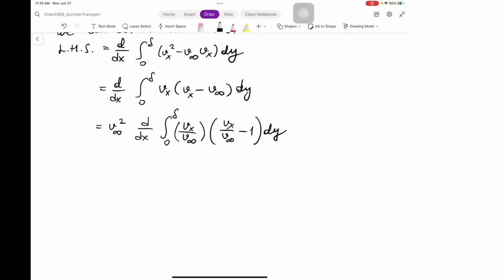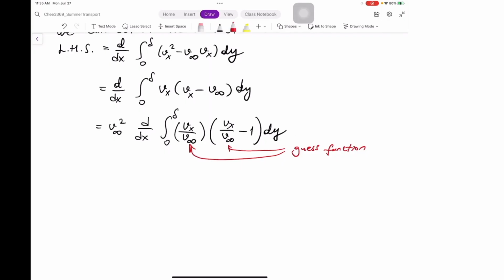So what does this equation tell us? Now, it tells us that we can actually come up with some guess function, or assume or guess the function for vx over v infinity, and we can plug in and see whether it works.